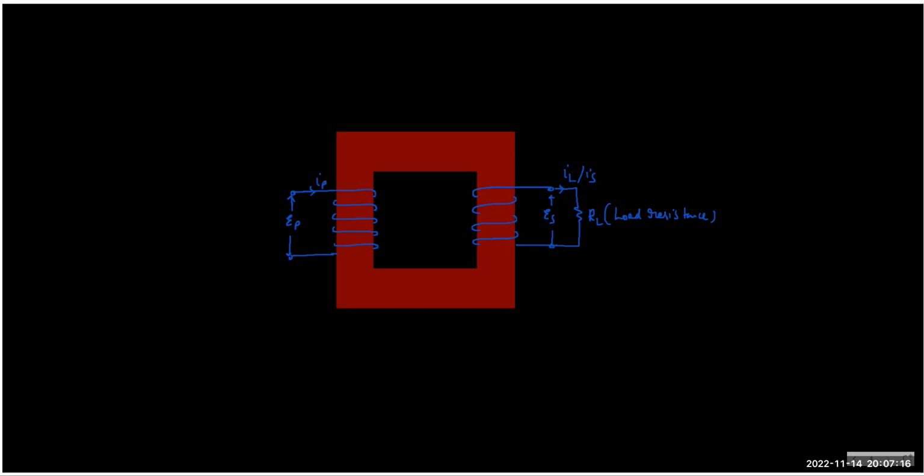Okay, so we have this circuit. First of all, what will happen? We know that the moment the IP is established, every current-carrying coil will create magnetic flux, right? And once you create the flux, what will happen?